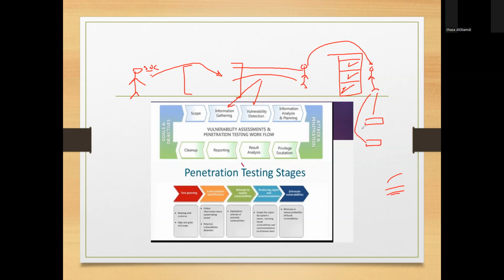RSS feeds or similar. So the attackers have tools to get more information about users, or maybe these users are on LinkedIn, so he can go and do social engineering on LinkedIn against one of these users.